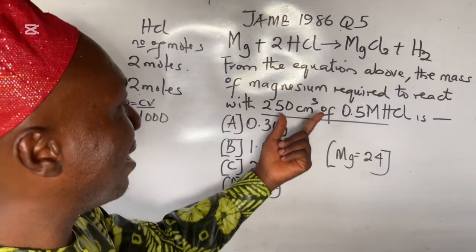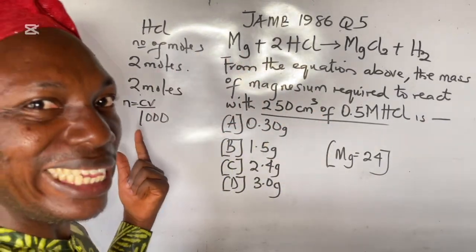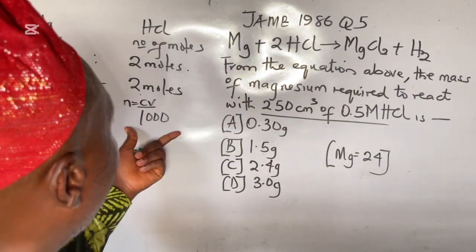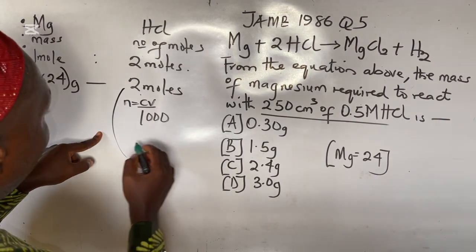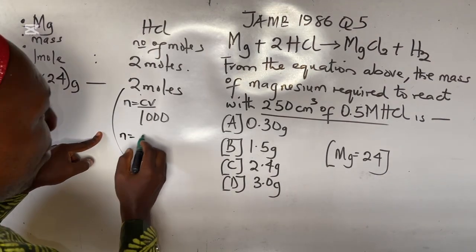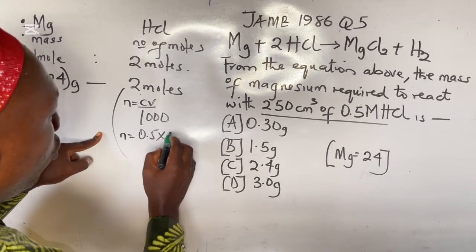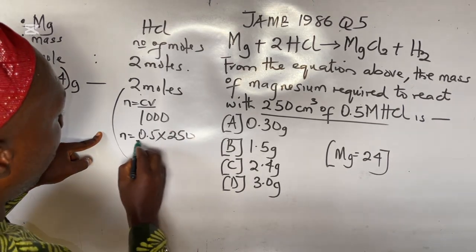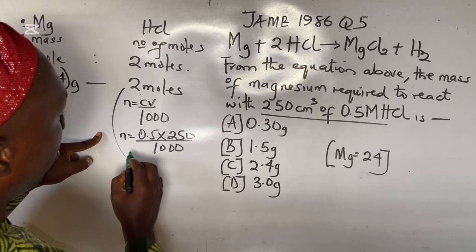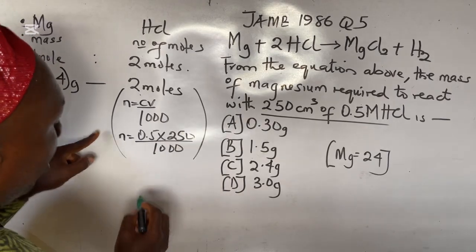We want to convert cm³ back to dm³, so we divide by 1000. So the concentration is 0.5, and the volume is 250 over 1000. Let's see what we will get here.